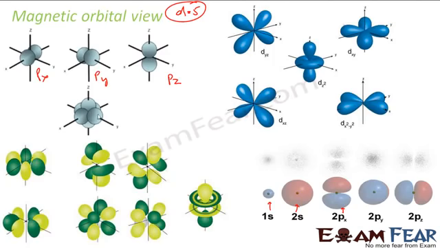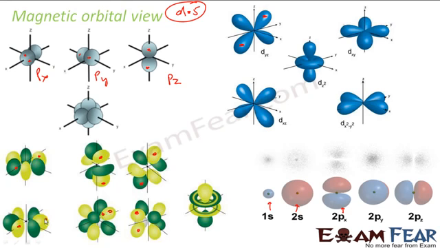There is something called electron spin also, as I told. Each and every orbital will have 2 electrons. This whole thing will have only 2 electrons somewhere, maybe both in the same area also. You don't know.